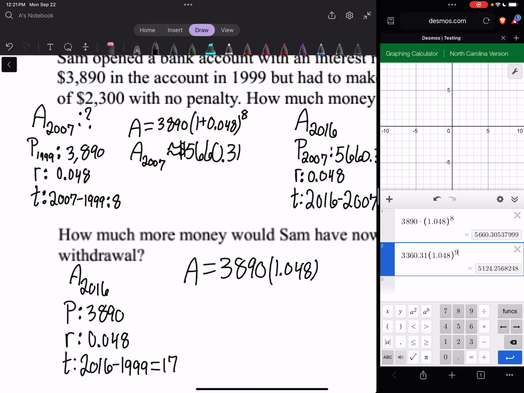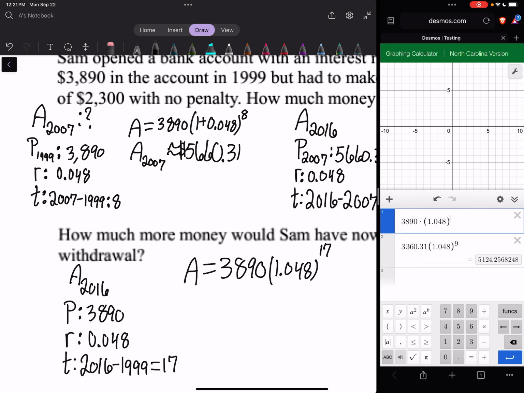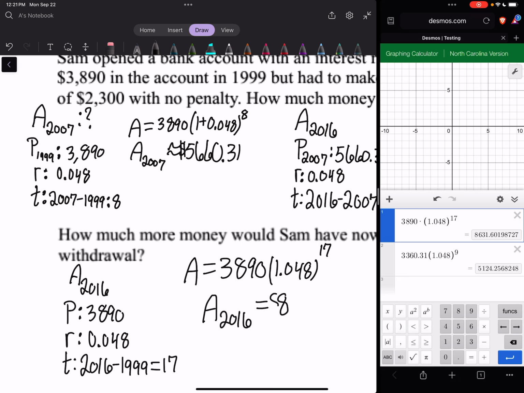Putting this into my formula. And I get the amount in 2016 would be $8,631.60.